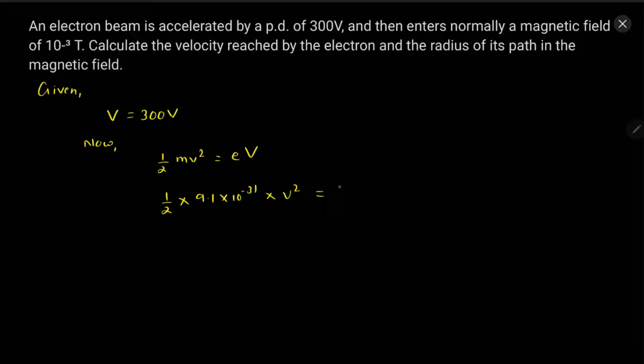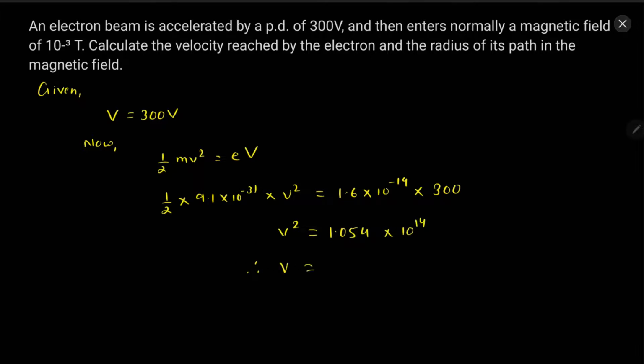Small v is the velocity of the electron beam, and capital V is the potential applied. Charge of the electron is 1.6 into 10 power minus 19 into potential 300. So from this we can calculate v square as 1.054 into 10 power 14.